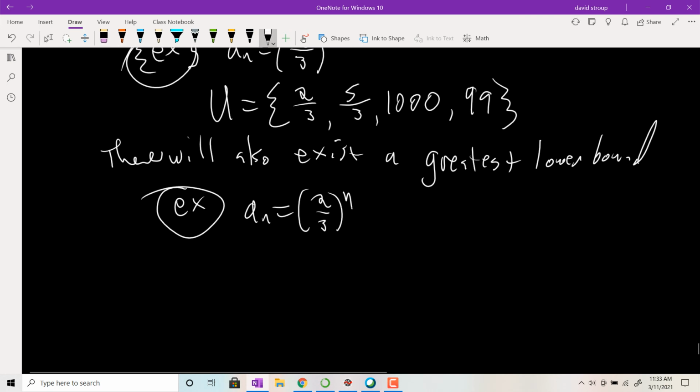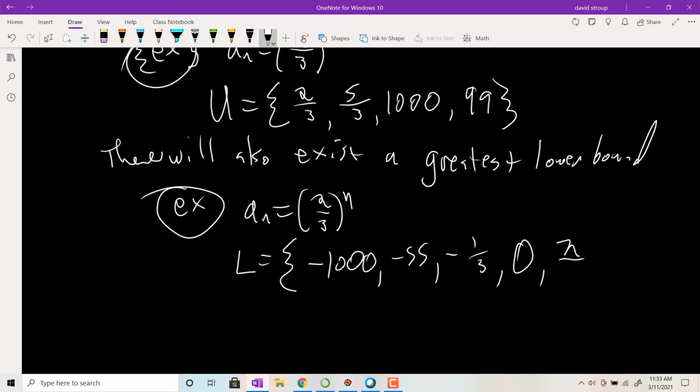There's a set of lower bounds, right? So negative 1,000, negative 55, negative 1/3, 0, 2/3. And what the axiom of completeness says is that there will exist a maximum for this set. And I shouldn't say maximum because it seems like that word only applies to finite sets. It's been like 20 years since I've taken real analysis, so please forgive me, math people in the universe.